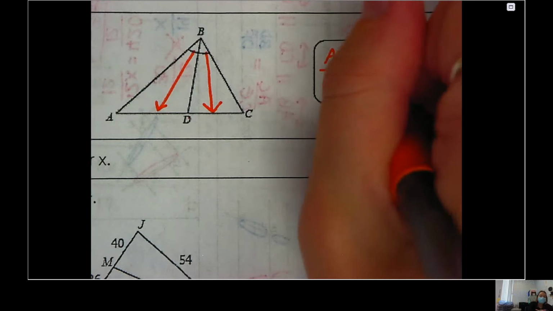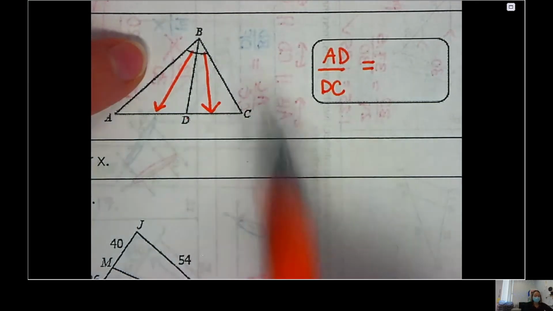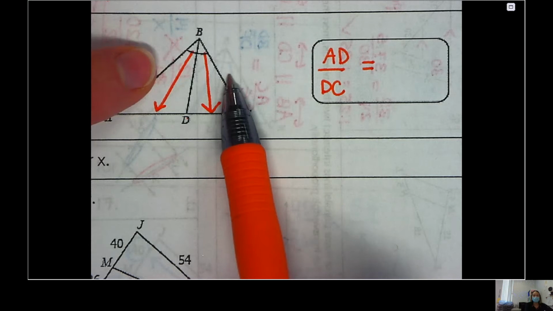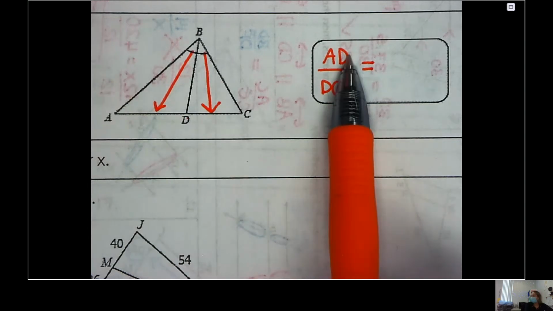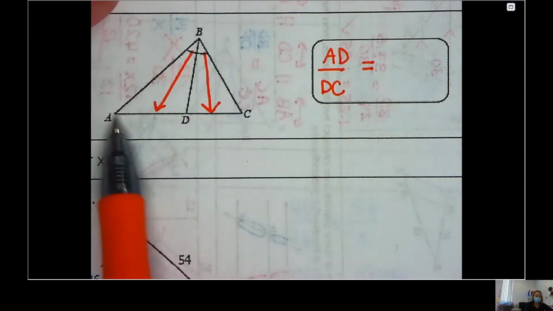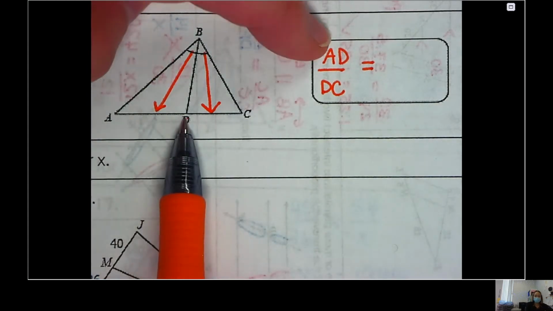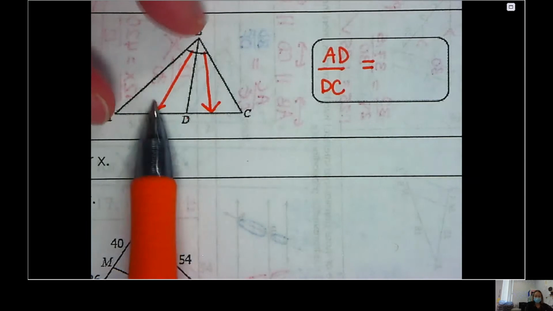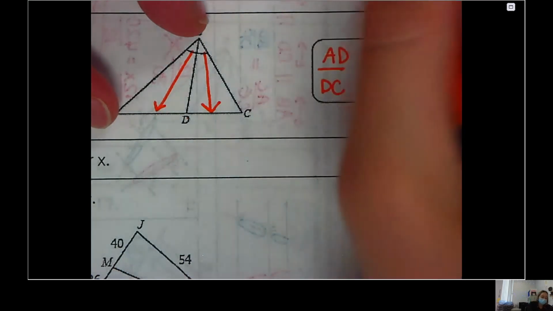I'm going to set that equal to the other two sides of my triangle, AB and CB. And whatever order I did first here, I have to do first on the second side of the triangle. So since I chose side AD first, should I choose side AB or side BC? AB is on the same side of this triangle, so I'm going to pick AB first.